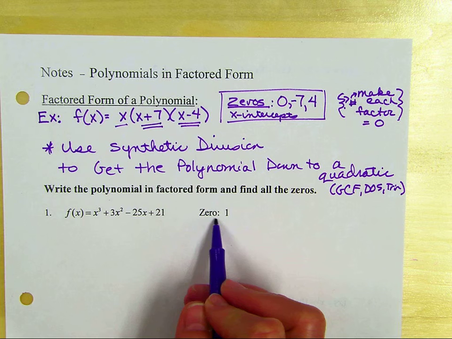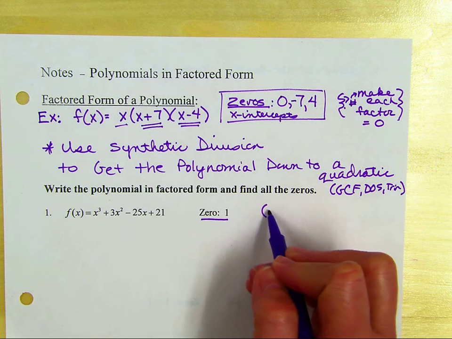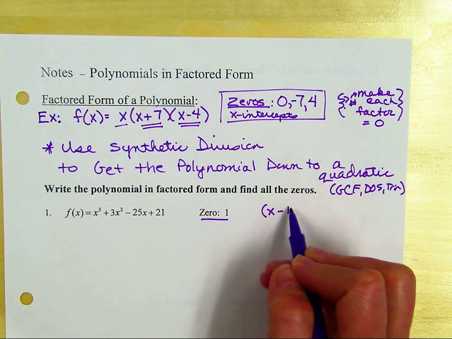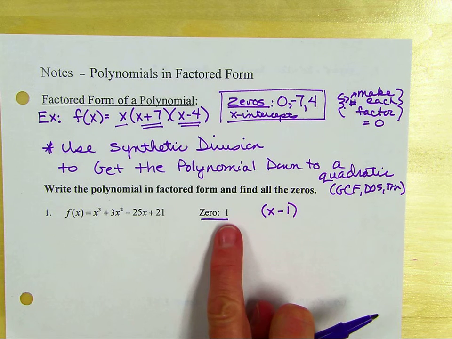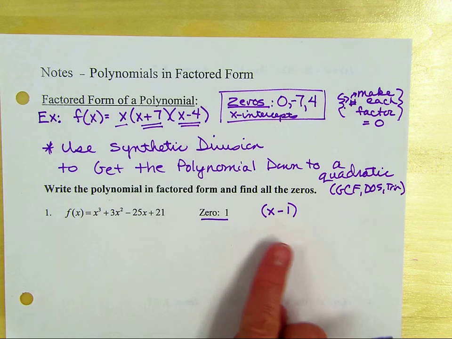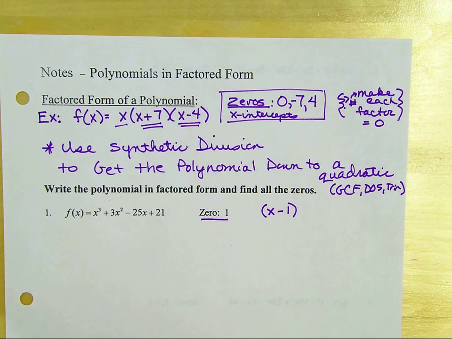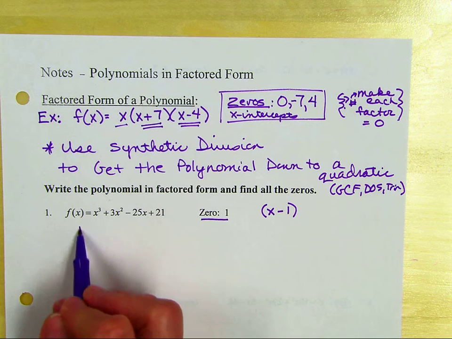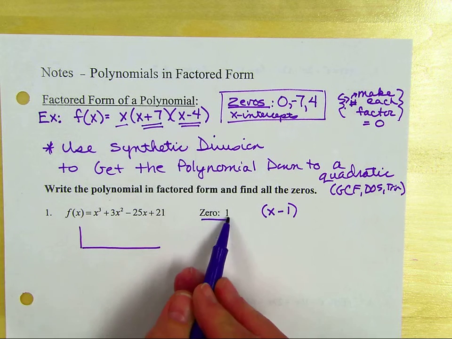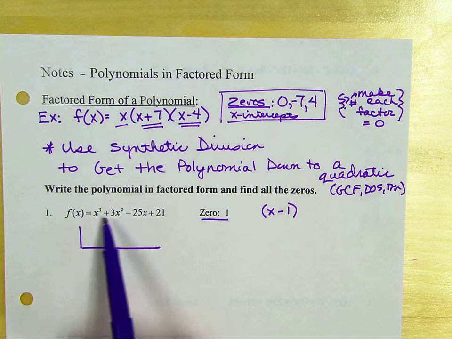So when it says that x equals 1, that means one of my factors is x minus 1, because 1 would make this factor equal to 0. So one of my factors is x minus 1, and one of my zeros is 1. So we're going to go ahead and use synthetic division and this 1. When you're looking here, double check, make sure everything is covered.